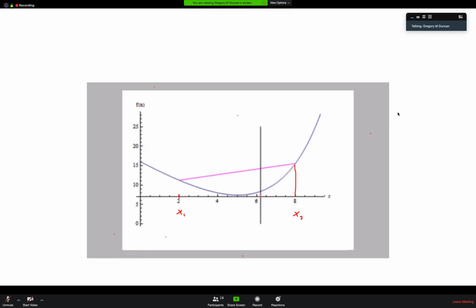And this point here, we can write that as lambda x1 plus 1 minus lambda x2 for some lambda. So an average of x1 and x2 is going to be between x1 and x2.